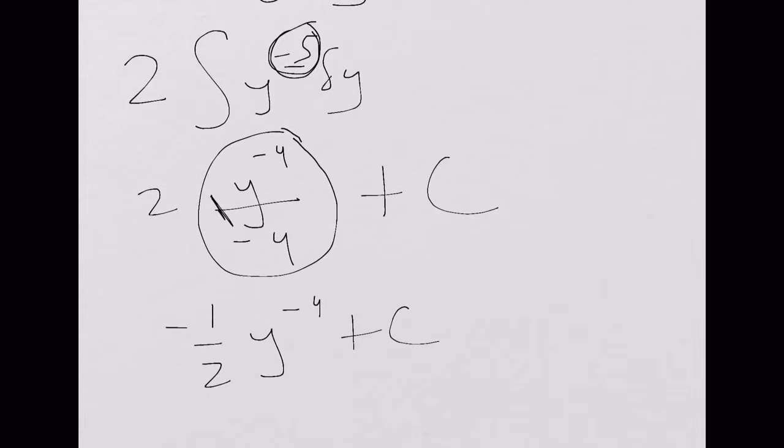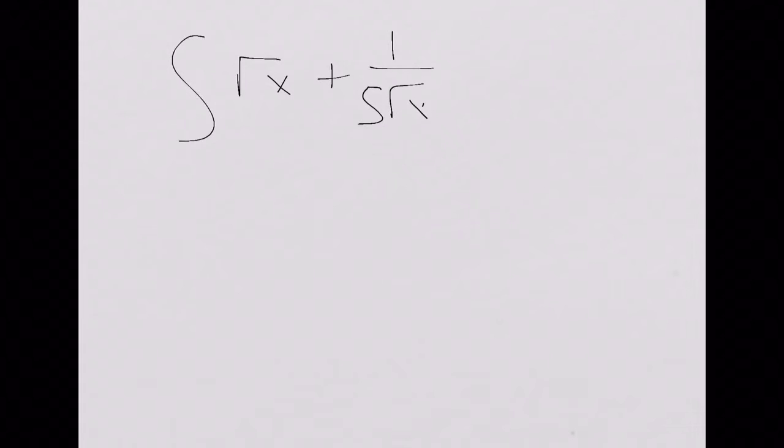The second one we looked at, I believe, had some root symbols in it. So let's do something like that. I was integrating the square root of x plus 1 over 5 root x, again with respect to x, the dx. I had suggested on the earlier video to change this to rational exponents.